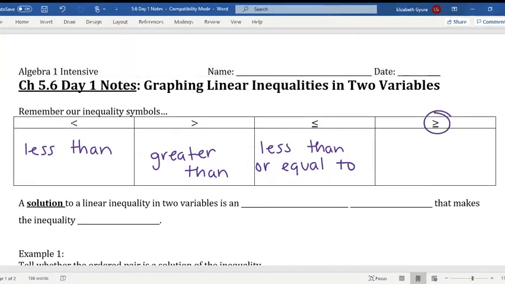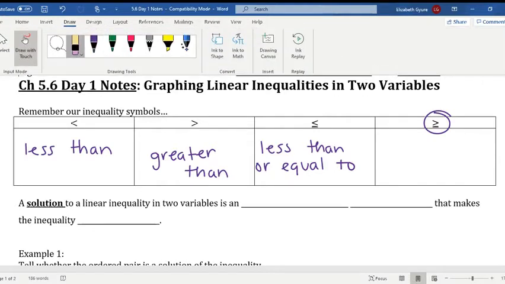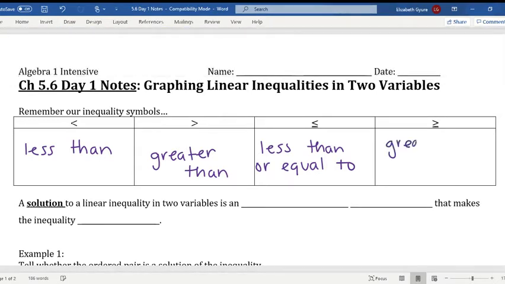What does this symbol mean? Yep, very good. Greater than or equal to. These are all things we're going to have to know for today. So greater than or equal to. Good.